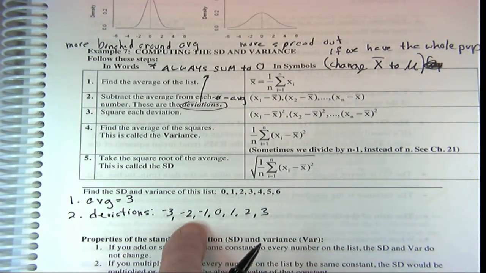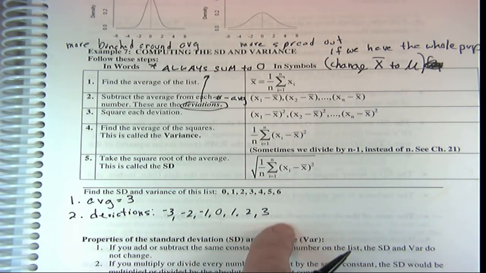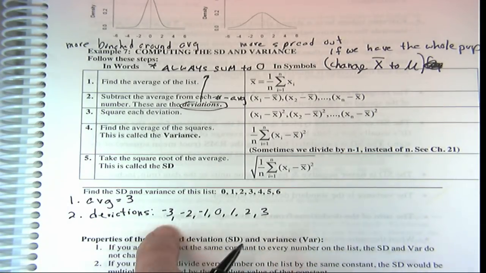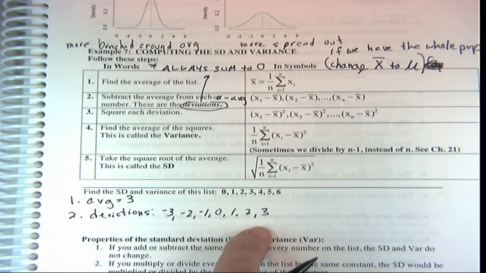So the most straightforward thing to do would be to take the absolute value of these numbers and then take their average.